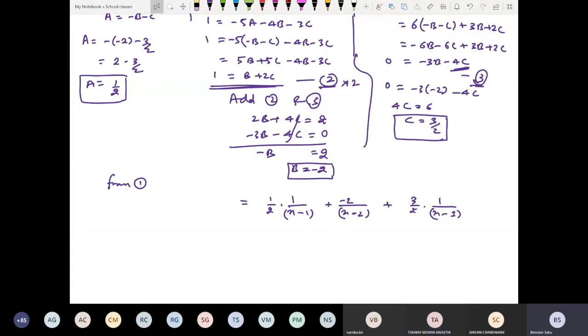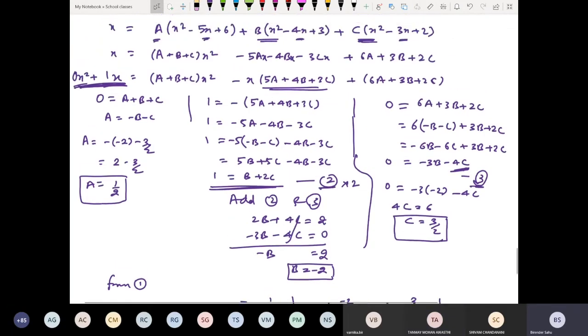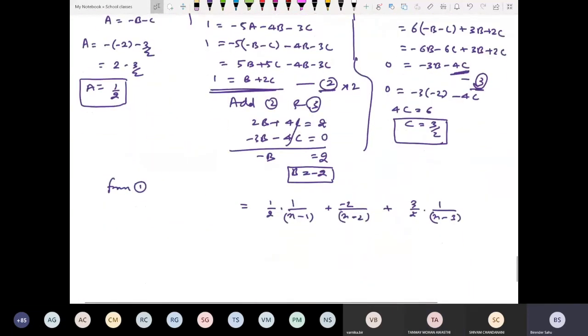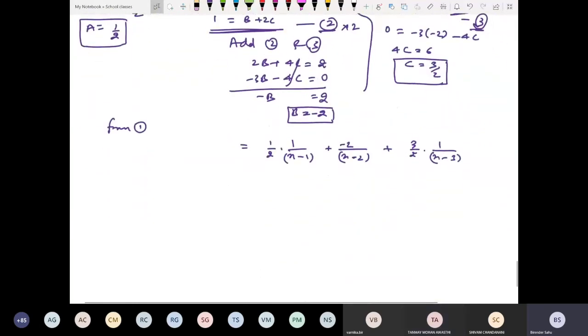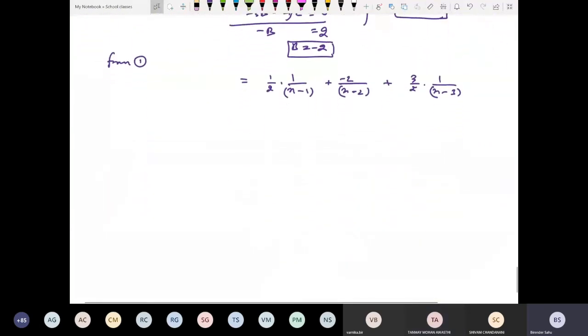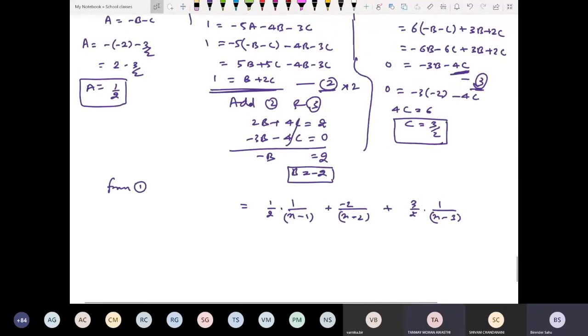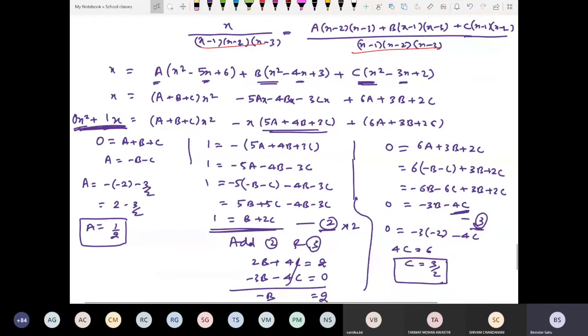Beta, I also prefer that, but some teachers in the board exam sometimes deduct marks. We can use putting x equals 1, x equals 2, and x equals 3, but that is a little risky. I'm not saying all teachers deduct marks, but sometimes they say this is not the CBSE method.